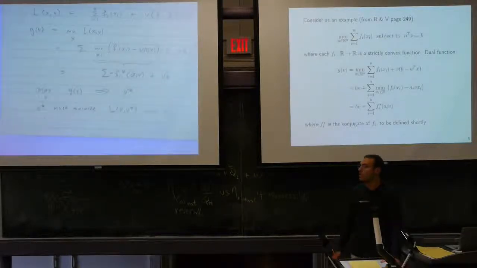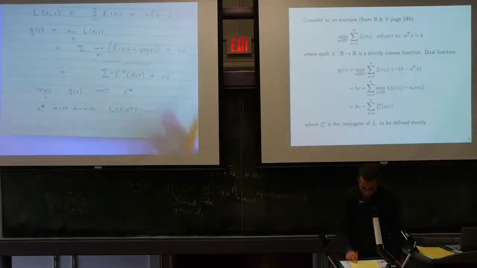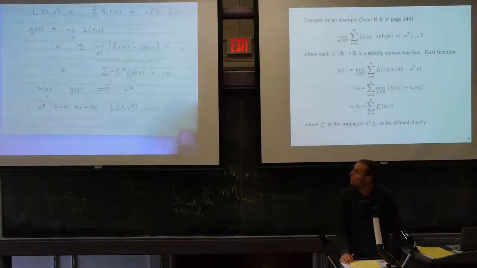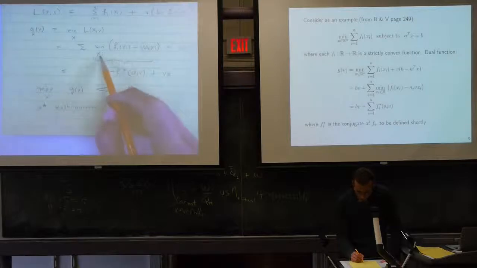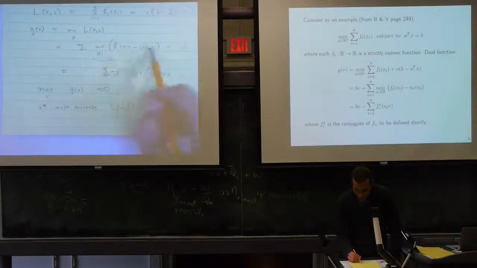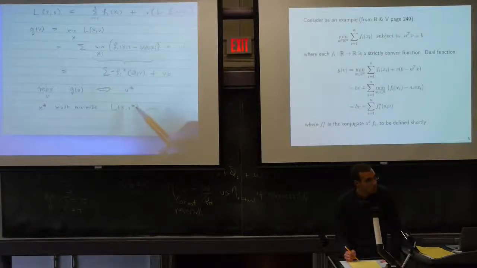That comes from stationarity. So what does that mean? Well, we have the calculations all up here. I don't have to rewrite them. So it means that x star has to be the vector whose ith component minimizes this quantity when I plug in v star.